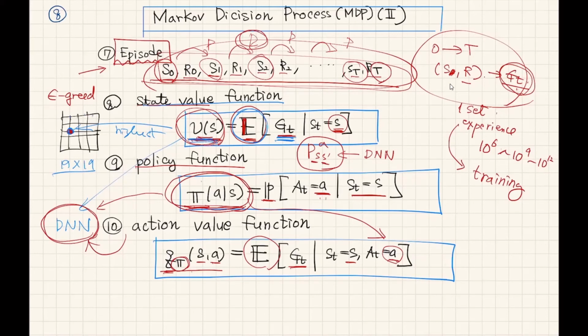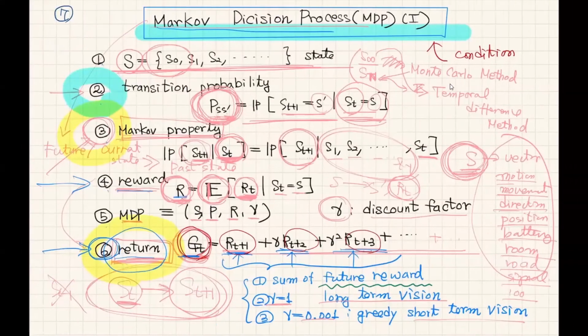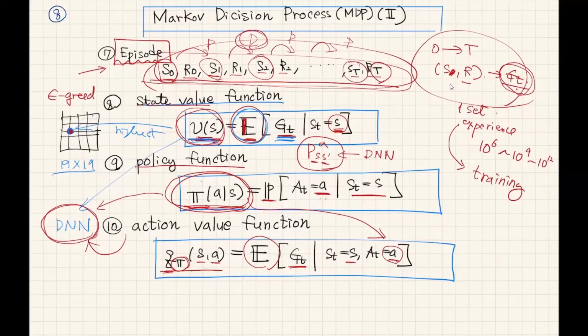So once again, I would like to review the Markov decision process. In order to train your agent that is described by a deep neural network, you have to build up episodes. Because we don't know the probability to make the best decision, we just gain experience.